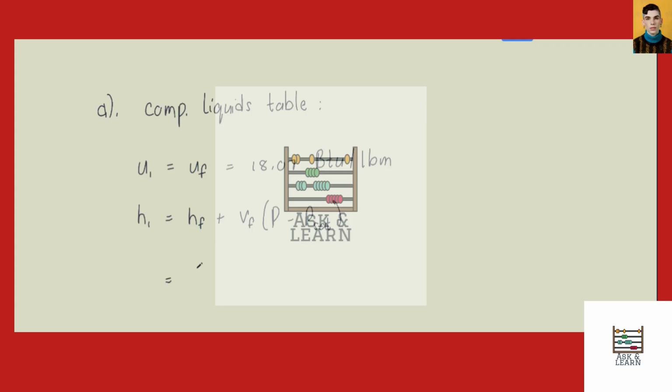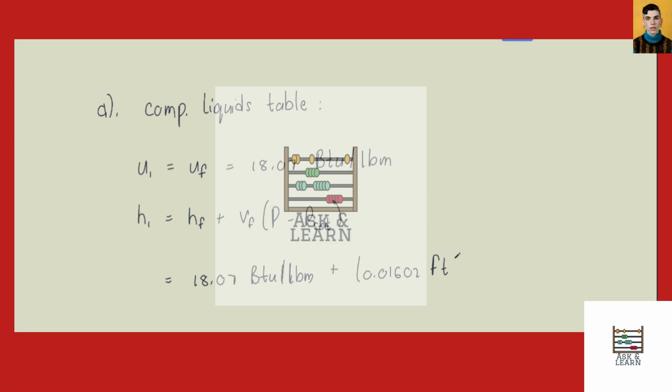So these from our table are 18.07, that's BTU per pound, plus VF at this temperature is 0.01602.